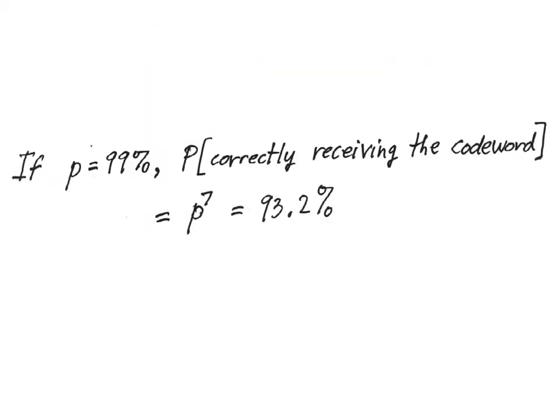The probability of receiving the entire code word correctly, if any one bit is received with 99% reliability, is then p to the 7th power, because there are 7 bits, or 93.2%. Furthermore, if there are any errors, we don't know about them. They go undetected.